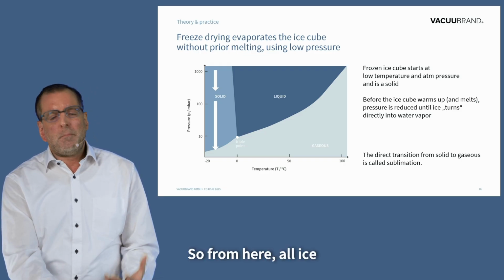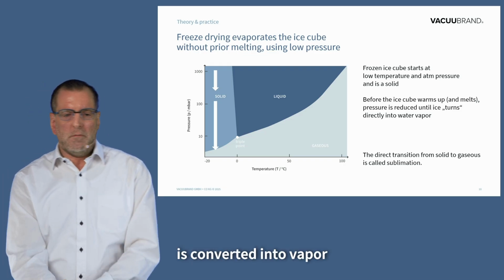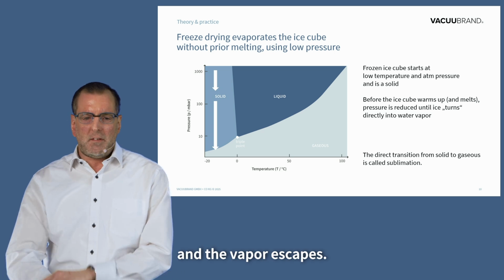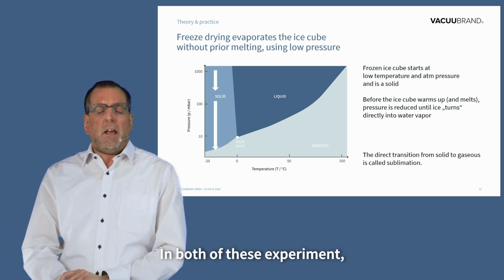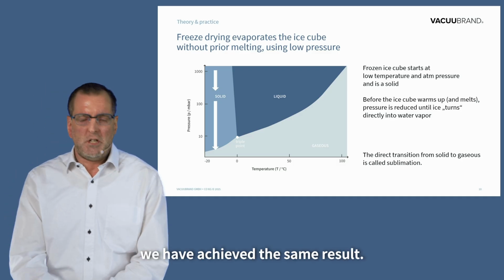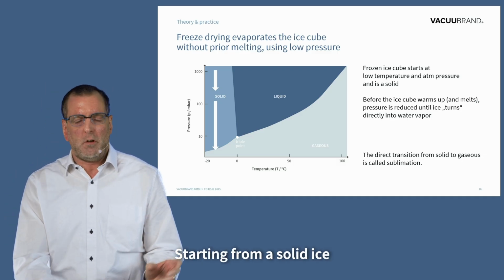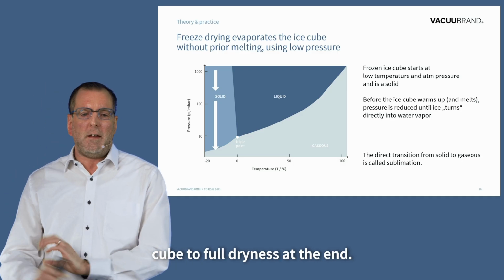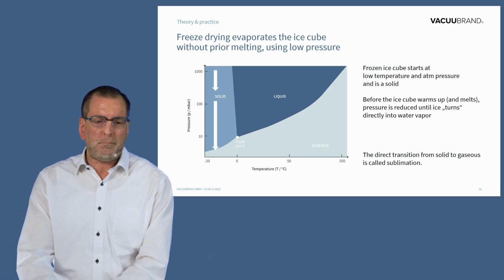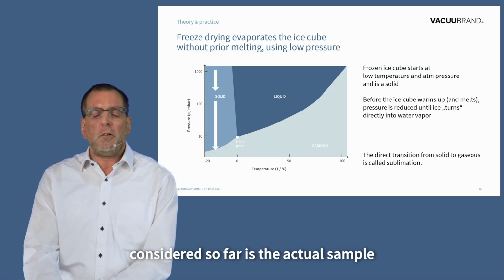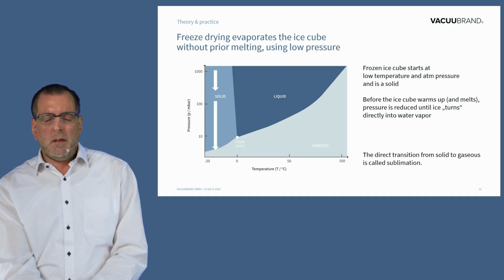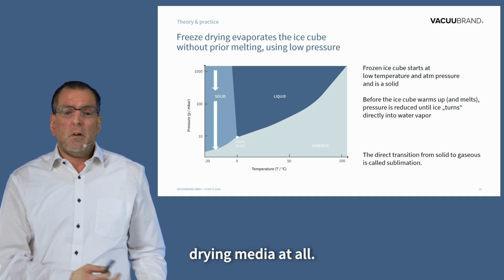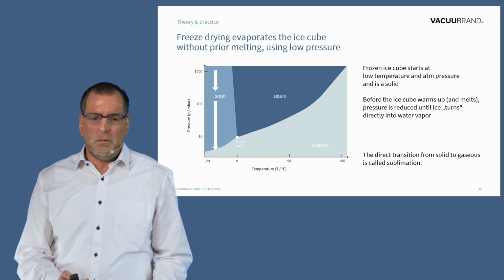So from here, all ice is converted into vapor and the vapor escapes. In both of these experiment runs, we have achieved the same result, starting from a solid ice cube to full dryness at the end. But what we have not considered so far is the actual sample, because nobody would work with the pure drying media at all.